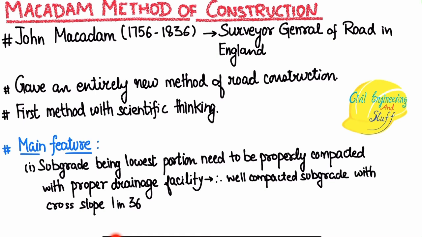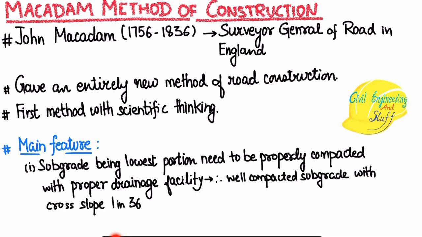This was the first method that was prepared with scientific thinking, and this method is somewhat still used in today's time, right? So basically, here proper due consideration was given for each layer. A total scientific thinking was implemented for the development of this construction method.